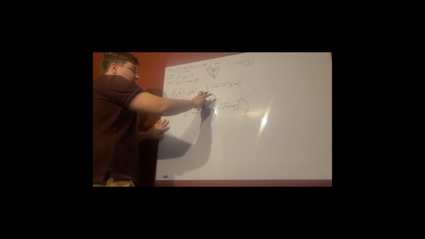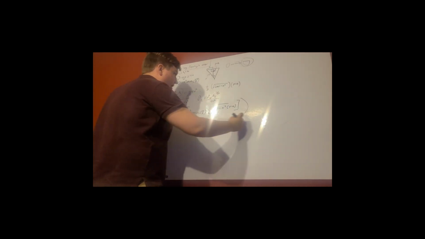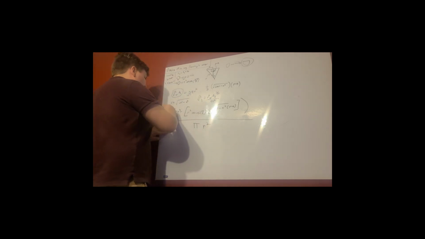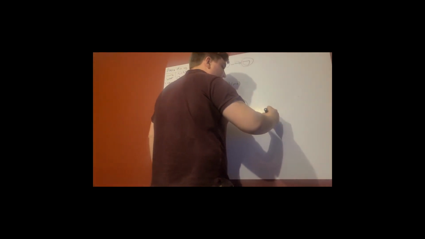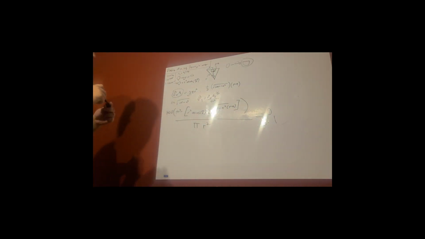And then we have AS. This is all over pi r squared. And just multiply that by the density of water, 1,000 kilograms per cubic meter. And that equals gamma L, density of the log.